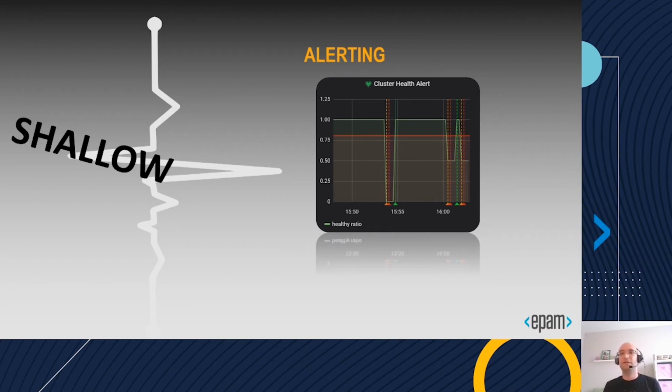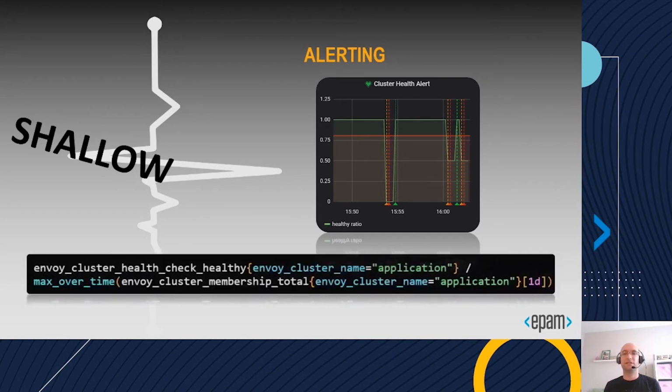Now with alerting, the good news is that at least Envoy, which is again a pretty popular load balancer or reverse proxy, provides metrics for cluster health checks. So I was able to provide a diagram by the Prometheus query below. It's also monitoring my instances actively when they don't receive any traffic.